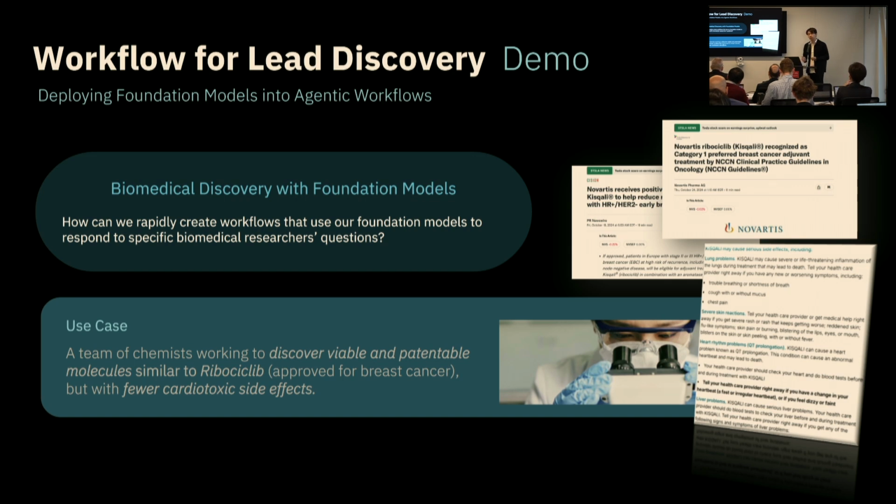So here, I'm going to use one use case. The use case here is one team of chemists who wants to discover viable and patentable molecules that are similar to ribociclib, which is used to treat certain types of breast cancer, while reducing cardiotoxic side effects.